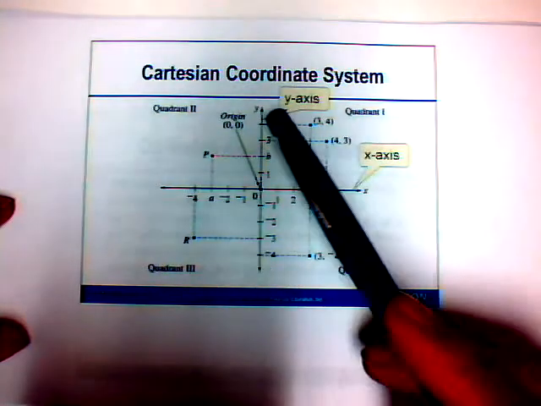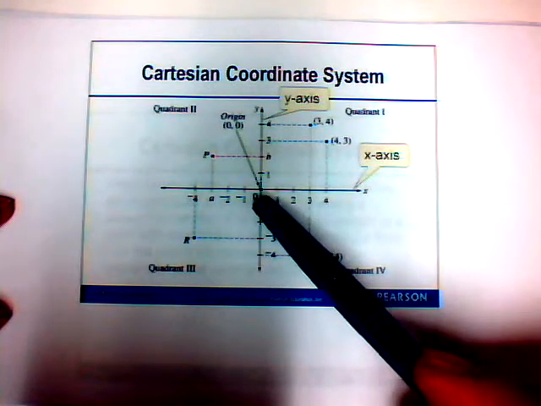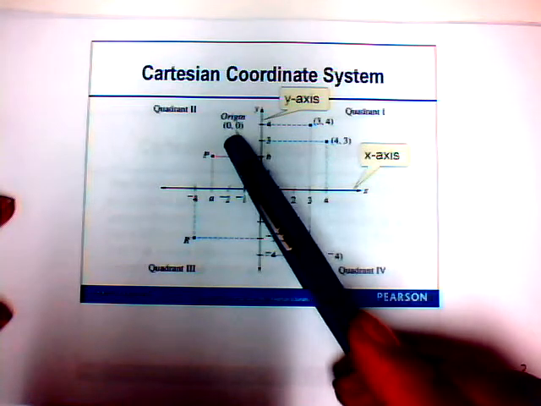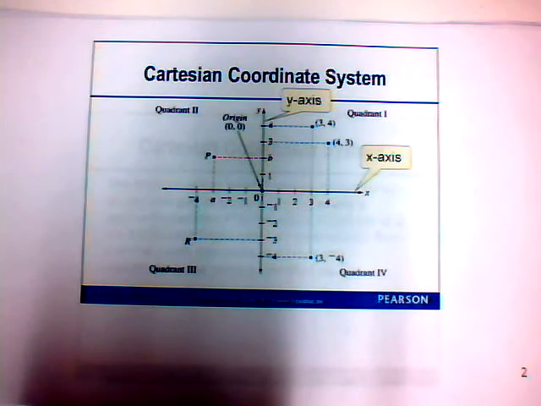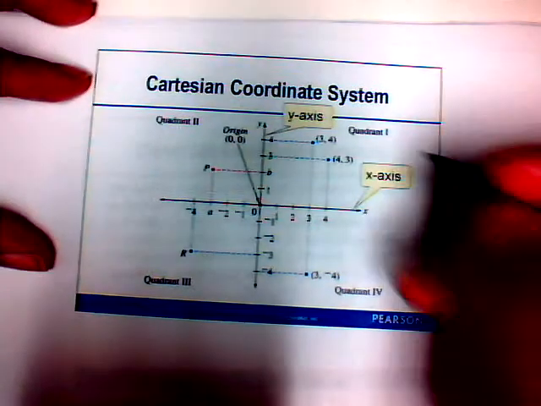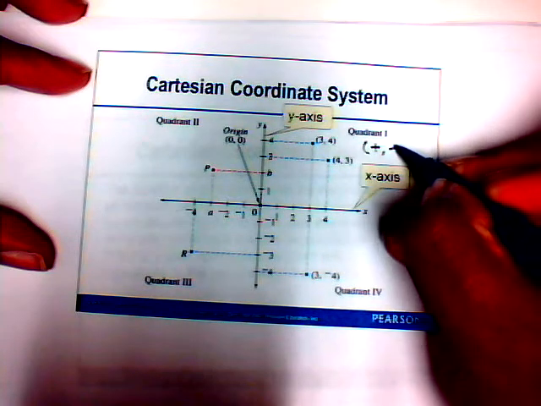Now the x-axis and the y-axis intersect at a point. That point of intersection is called the origin, and is usually the ordered pair (0, 0). Each ordered pair has two numbers. The first number is the x-coordinate, and the second number is the y-coordinate. In quadrant 1, your x-coordinate and y-coordinate are positive.